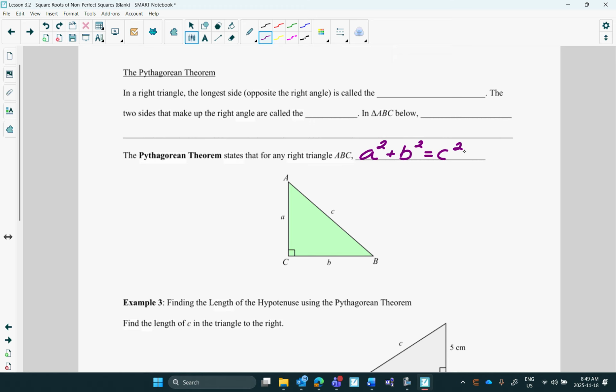What do we call that longest side? What's the name for it? Not the base. Begins with an H. The hypotenuse. Yeah. Hypotenuse.